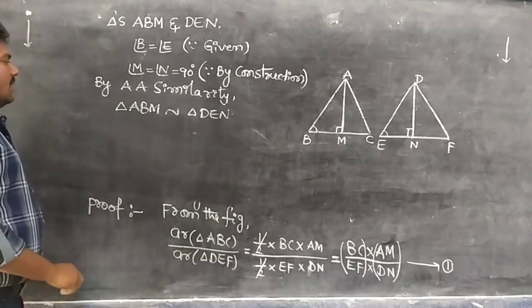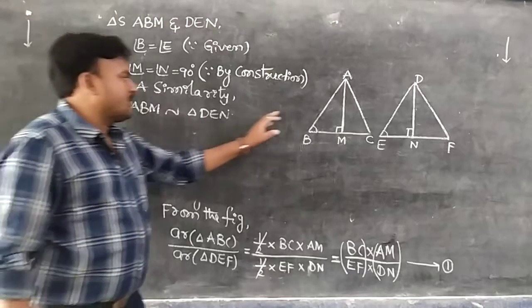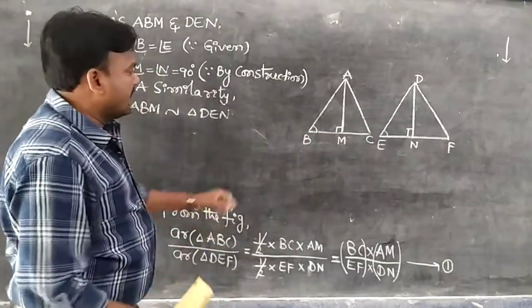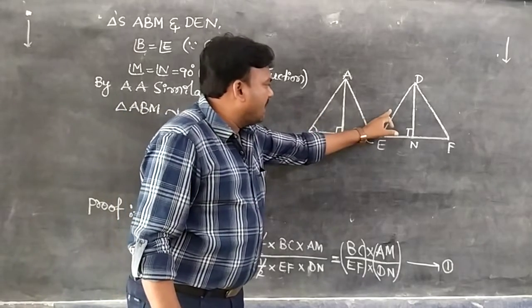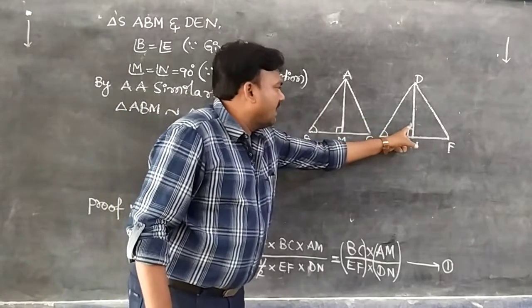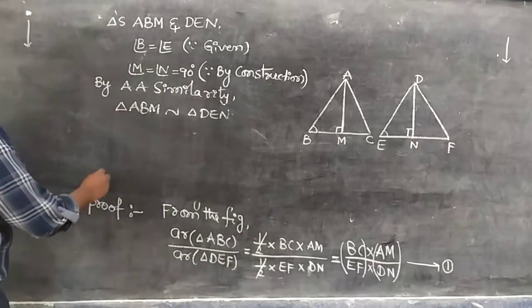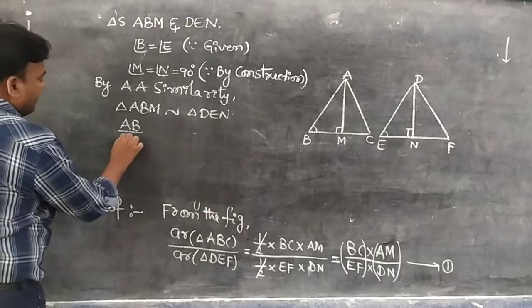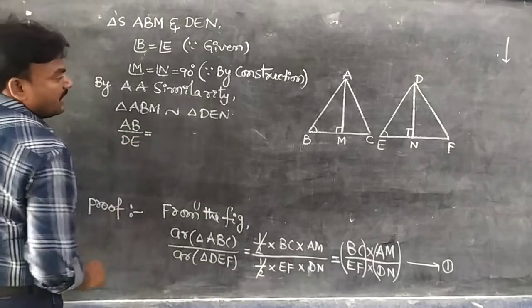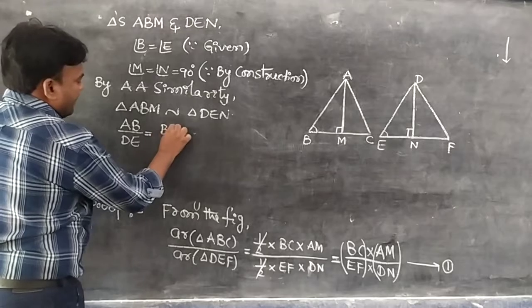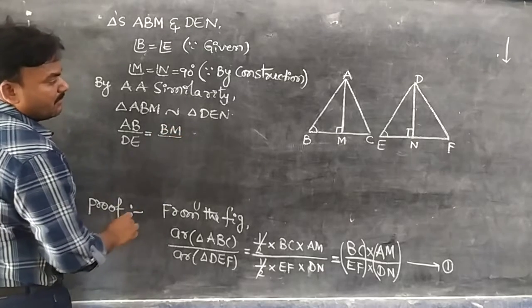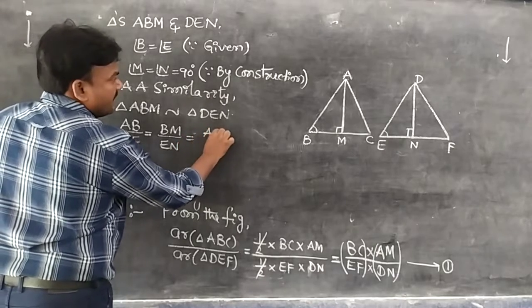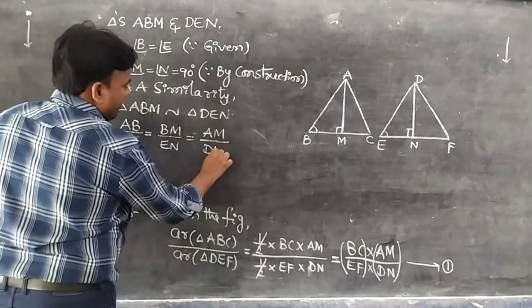Okay. If both triangles are similar, their corresponding ratios are the same. Then that implies AB by DE equals BM by EN equals AM by DN.